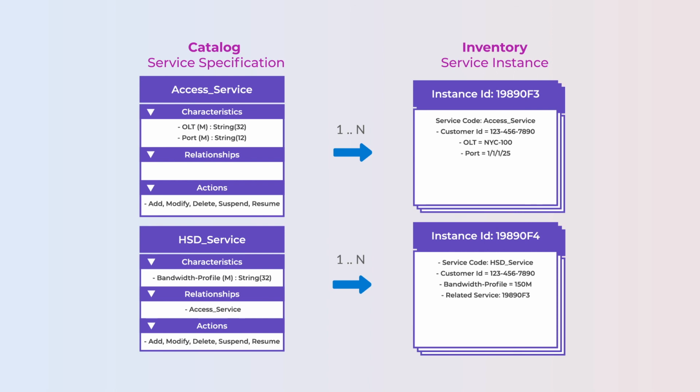Remember, the catalog stores service specifications, and the inventory stores service instances. Think of service specifications as an abstraction of the service, as a template, and of service inventory instances as a concrete service for a concrete customer. In the catalog, you see definitions like attributes and data types. In the inventory, you see the values for a specific service instance.